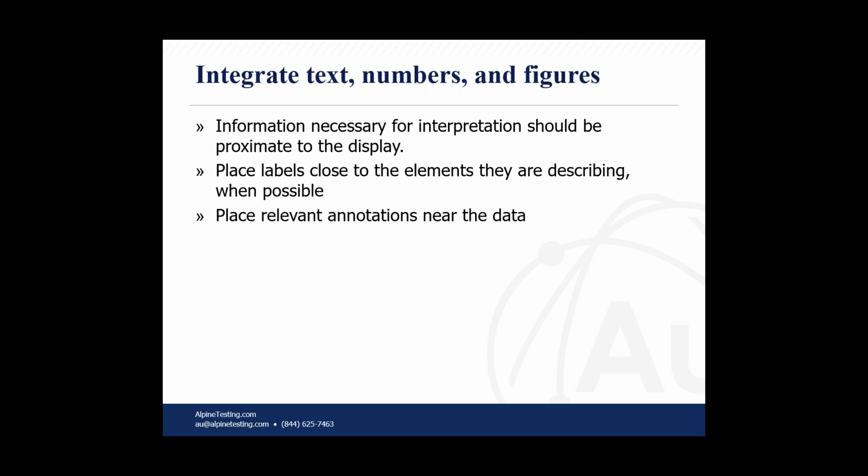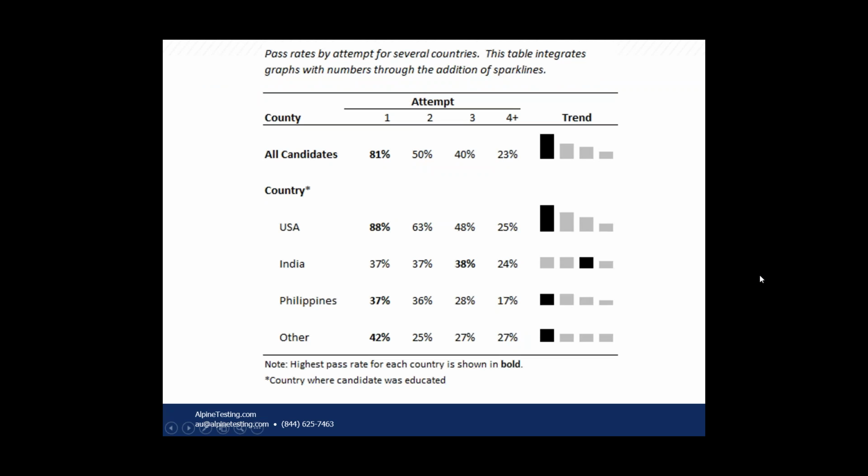We shouldn't bury our interpretations somewhere else in an interpretive guide. If we're going to present a visual display, the user should be able to have the information they need to interpret it right next to it. So labels should be close to elements they're describing, and we should annotate data when we need to. And when we do, it should be close by.